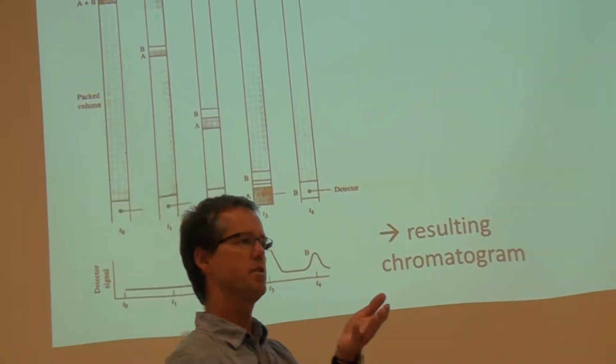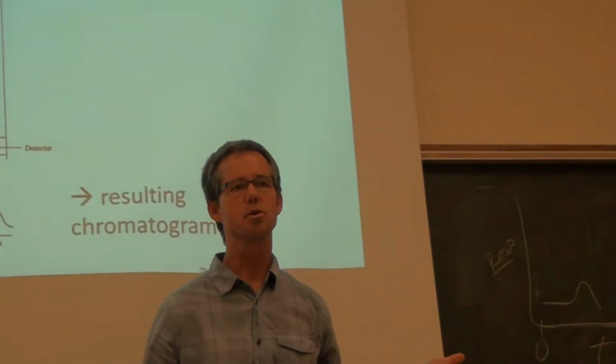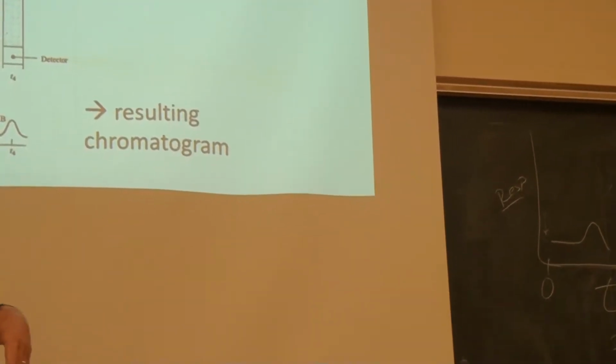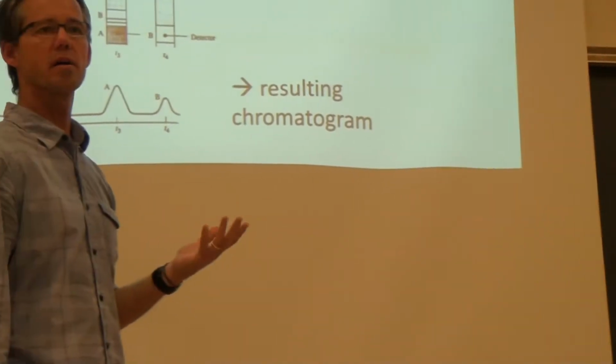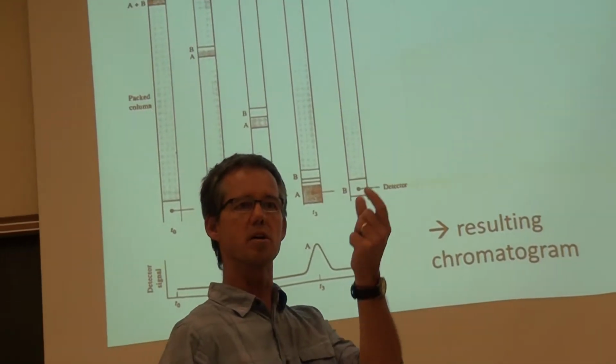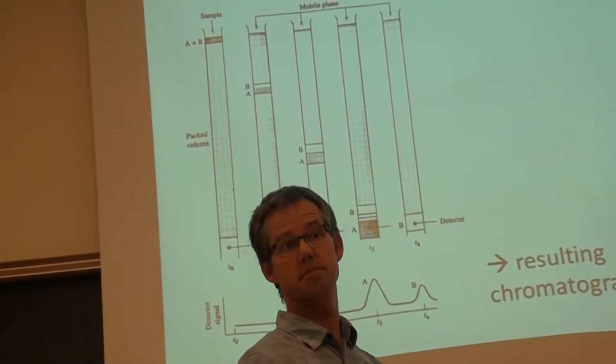So in your case, you'll say, my sample is a natural water sample, groundwater sample. And the mobile phase will be an acetate buffer, okay, made up in water, which has a slightly different composition than just the groundwater sample itself, which is not made in acetate buffer, right?